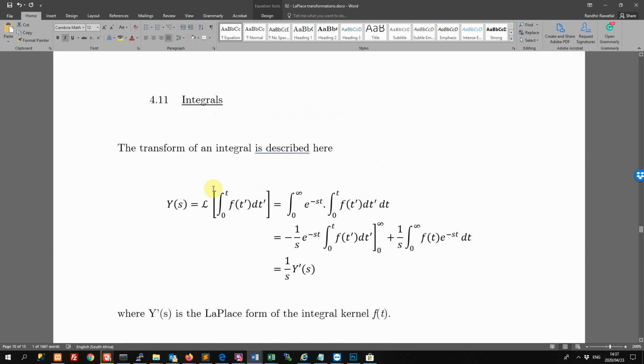Integrals, right? If you are trying to find the Laplace transform of the integral of f, then of course again our integration by parts is useful. So just applying the definition of the Laplace transform, it's the integral from 0 to infinity of e to the minus st times the function itself. In this case, it's the integral function. And again, let's see what a good choice would be to use as the first function.